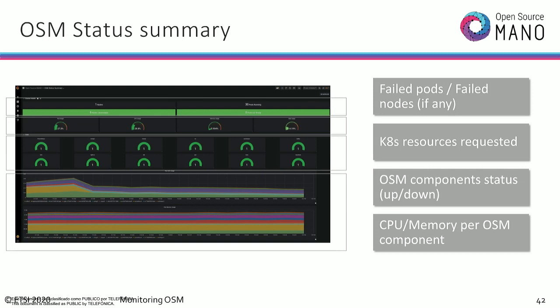The states of those pods, as I said before, are in this section in the middle, and a little on top of that, you will see the resource usage for the Kubernetes resources in terms of memory, CPU, and so on. These are the resources that have been requested in the descriptors to be reserved in Kubernetes.